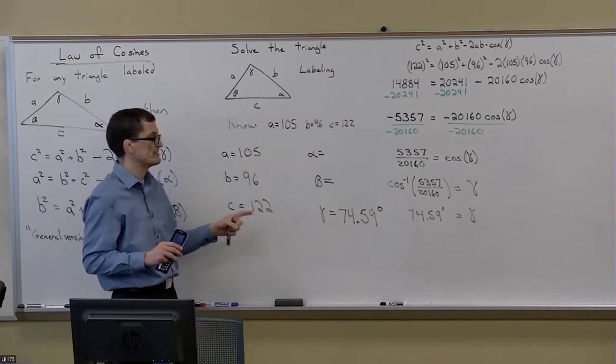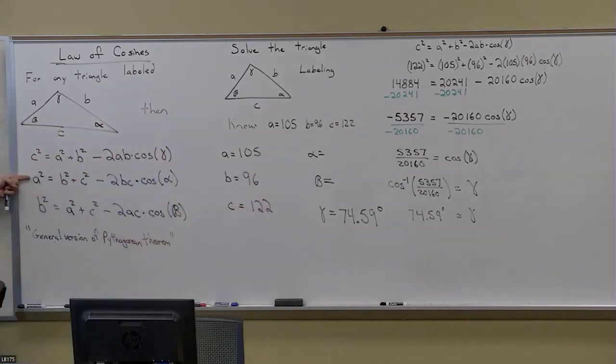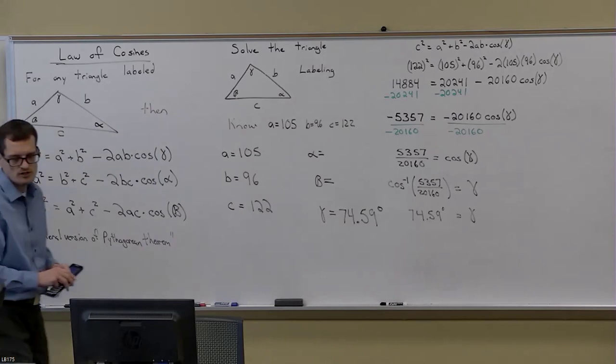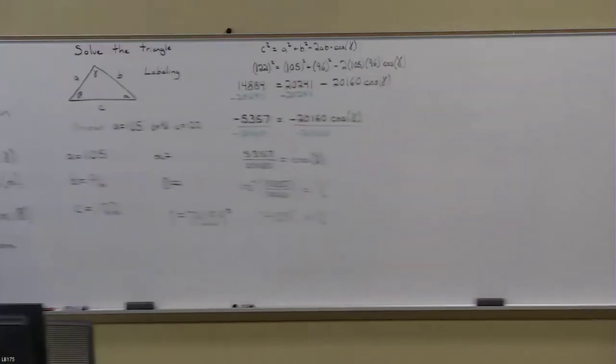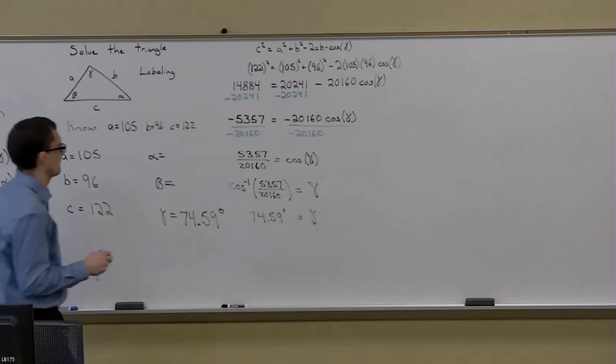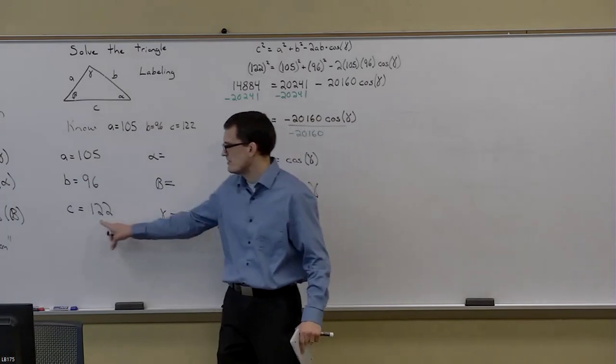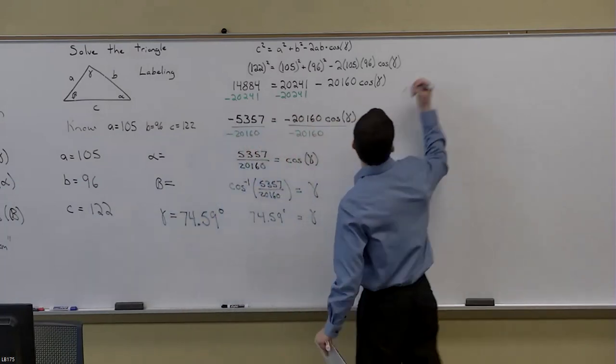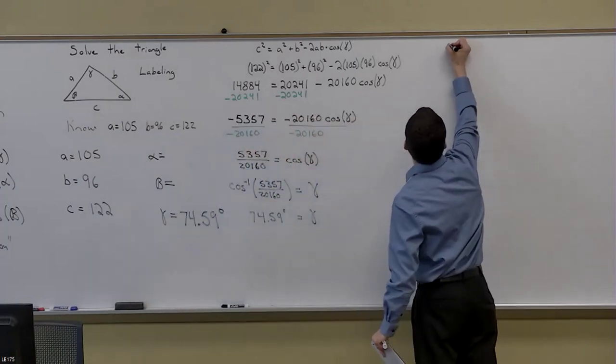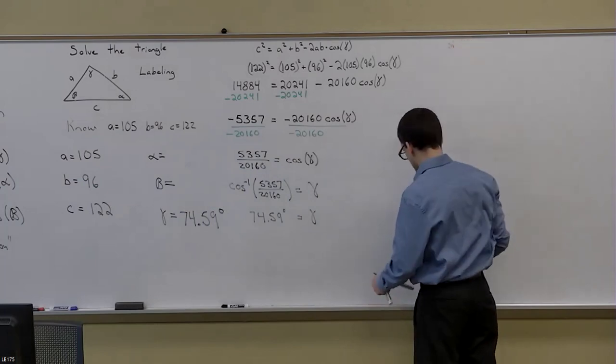I could do the exact same thing with this equation to find alpha, but that seems like a lot of work, right? I could do the exact same thing with this equation to find beta, but that seems like a lot of work. So what I would probably do is say, now I have gamma and C. So let's use the law of sines.